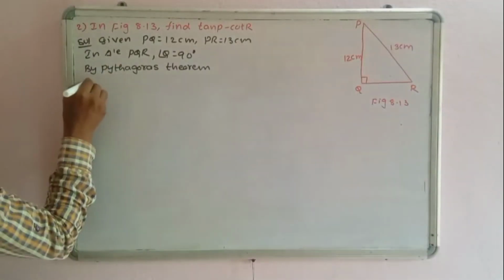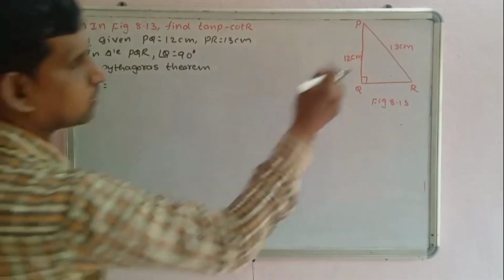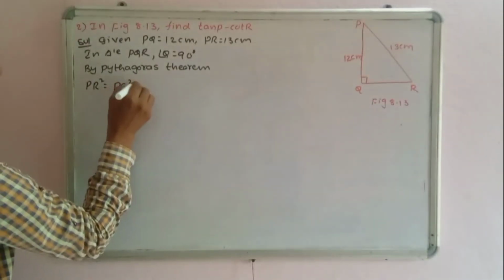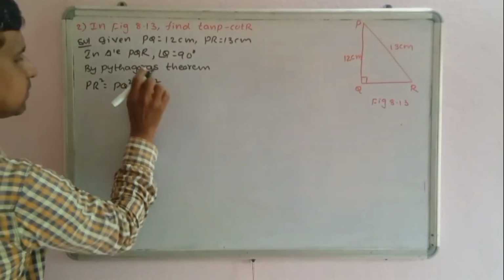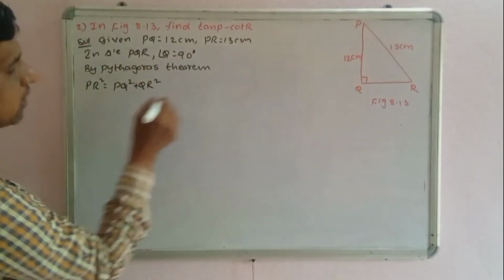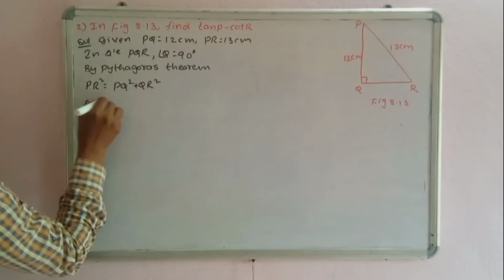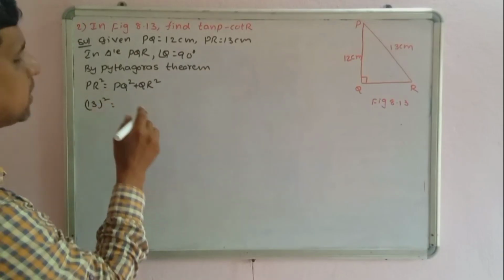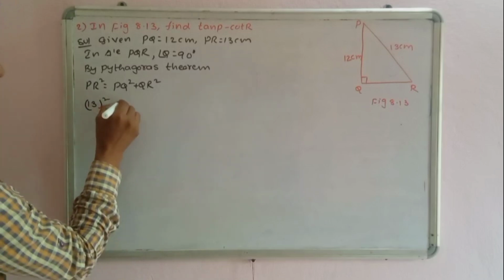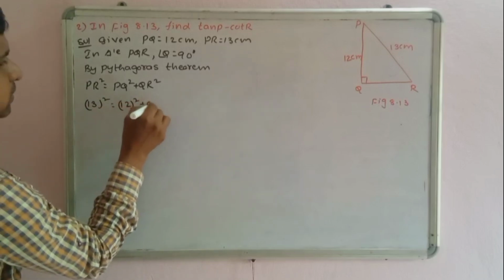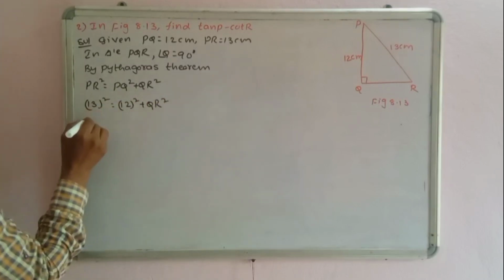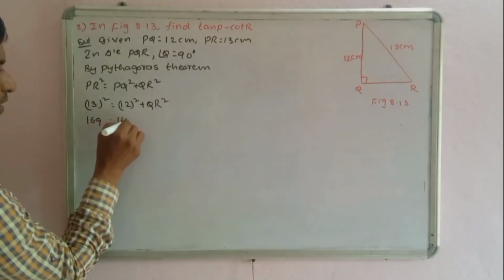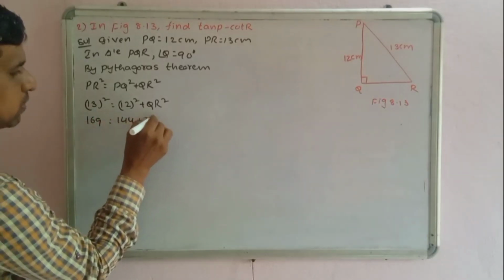So PR square equals PQ square plus QR square. PR value 13 square equals PQ value 12 square plus QR square. 13 square value 169 equals 12 square value 144 plus QR square.